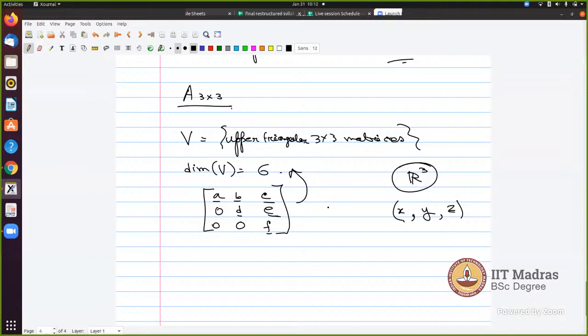No, sir, I'm just taking a different point of view. Suppose there are 3 homogeneous equations, with whatever coefficients A, B, C you can have, like x1 plus x2 plus x3 equal to 0. From that point of view, if we convert it to an AX equal to B equation, we can get this form.